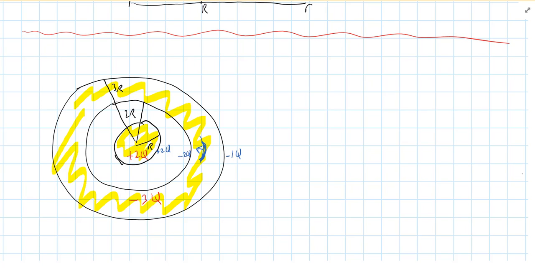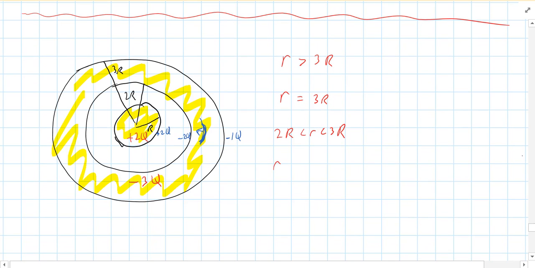Okay, and so what we're going to do is write the voltage at different locations. We're going to start with R outside of the whole thing, so this would be outside of 3R. We'll do at 3R. We'll do between 2R and 3R.